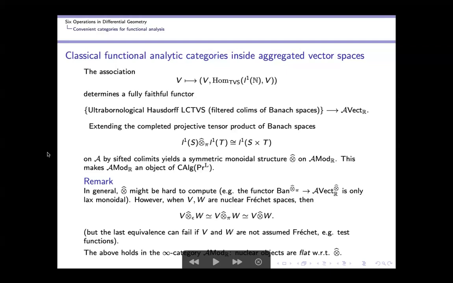Okay. So now we have an ambient setting for the derived higher categorical setting, where we have topologically enhanced modules with a good tensor product. And that's where we can look for a six-functor formalism which has base change for manifolds.